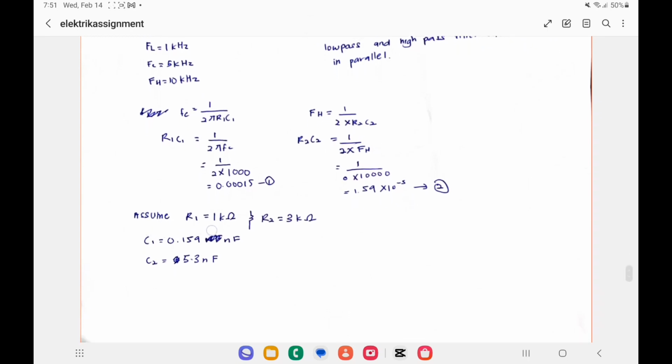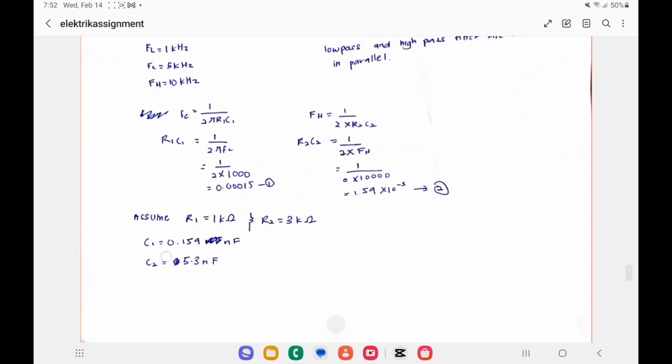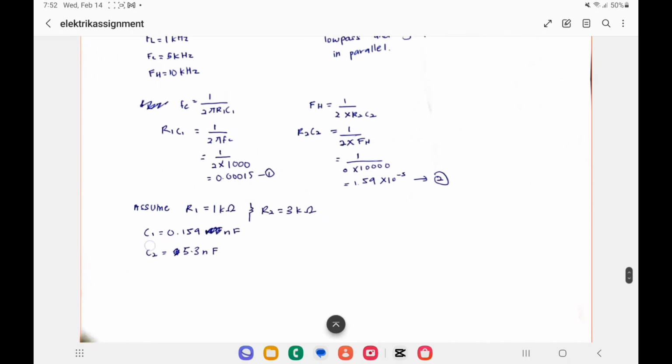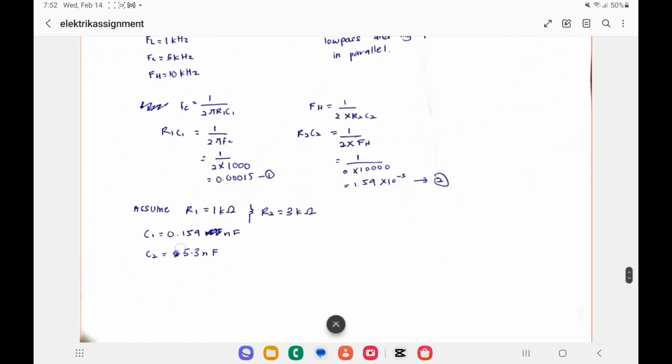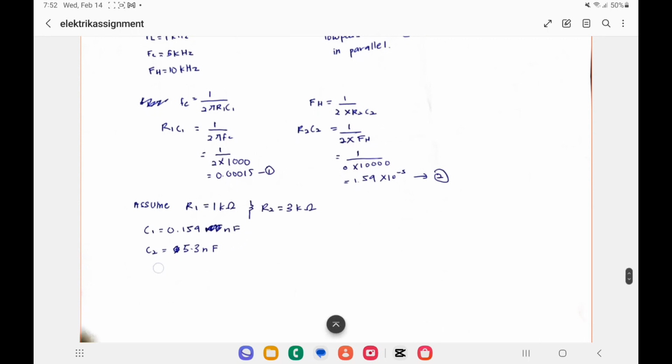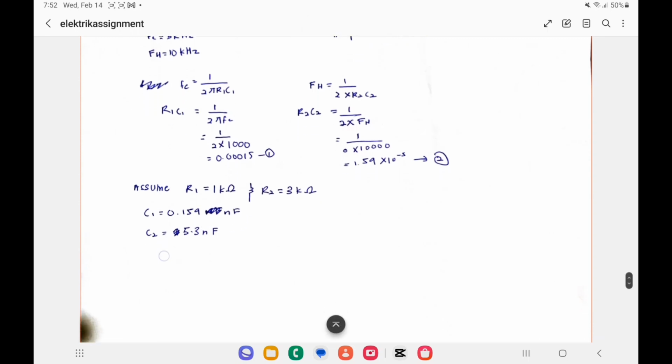Assume R1 is 1 kilo ohm and R2 is 3 kilo ohms. And then the final answer for capacitor 1 is 0.159 nanofarad, and the value of capacitor 2 is 5.9 nanofarad. So this is the final value for C1 and C2.